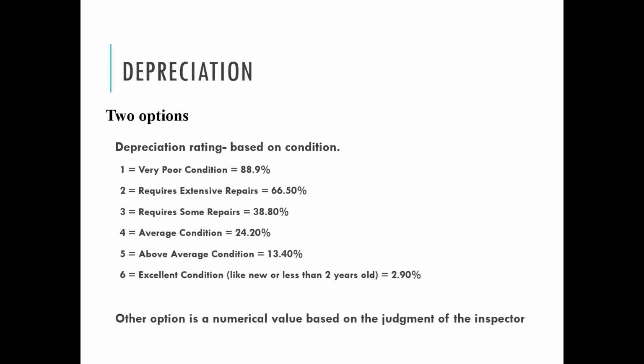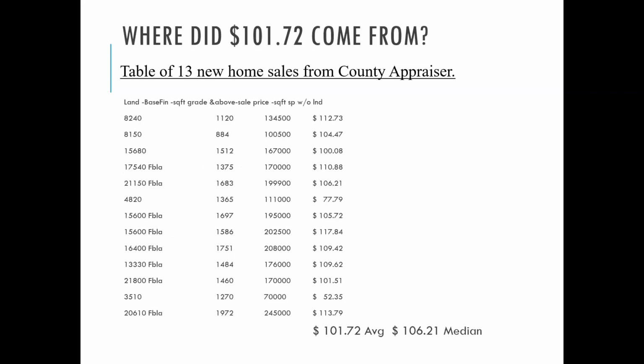So we were able to, or like in this example, have an average cost per square foot. So the base cost of new homes that were built and sold in Lyon County, since that's where our example was from, and we got that from the county appraiser. Or like I said, there are the industry standard guides that you can use, such as Marshall and Swift. So here is where they averaged the base cost based on the information from the county appraiser on the new sales in the county.